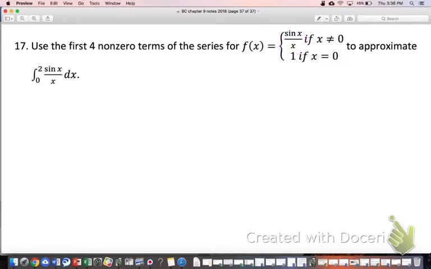And so this other piece right here is basically the point 0, 1. And so what that does is that fills in that one little missing point from sine of x over x. What that essentially does is that makes f of x continuous for all values of x. Why that's important is we don't want to have an improper integral over here. We want to have a nice continuous integrand.